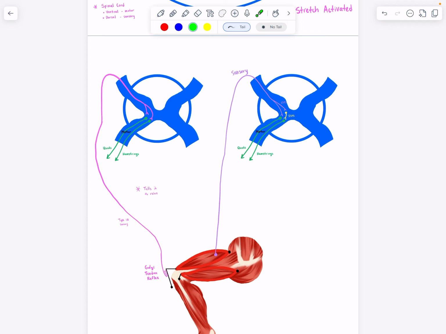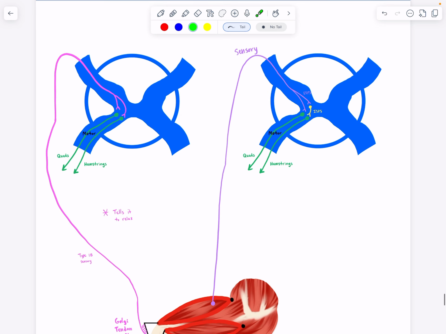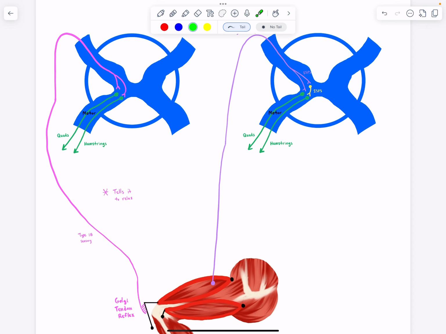So if we're bending our leg and we feel a big stretch right here, it'll have a sensory going up, and then, sorry, the inhibitory is not drawn in here, but basically it'll inhibit the muscle.